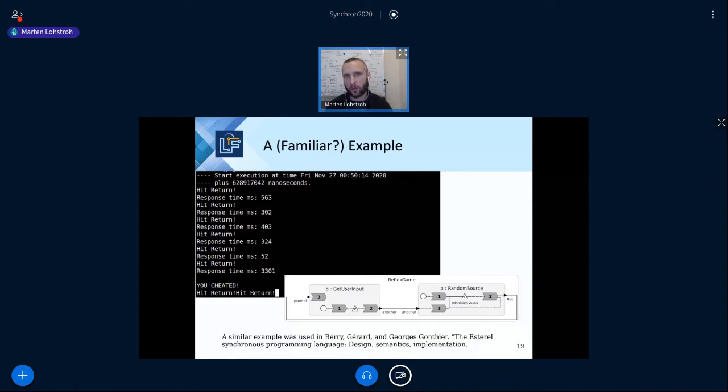at which point the get user input makes a record of the current physical time, and then whenever the user presses the key, a physical action gets scheduled. The second reaction of get user input gets triggered, and it prints the delay. And you can see there, the response time, about 300 milliseconds is normal for a human.